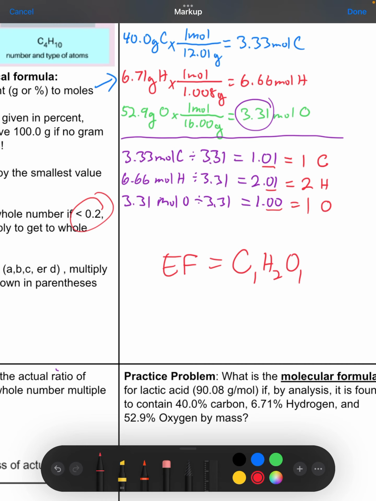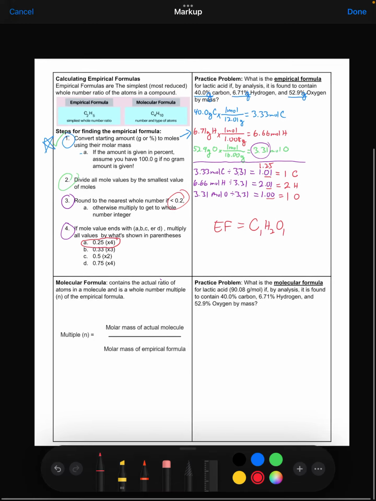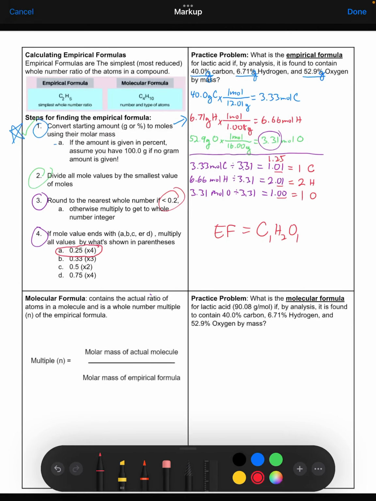If I had some weirder values, if I had like 1.25 here or something instead, then I would have had to follow step 4 and multiply every single one of those values by 4 to get my whole number ratio. But we'll address that in a little bit when we do the challenge problem. Okay, so that is my empirical formula.